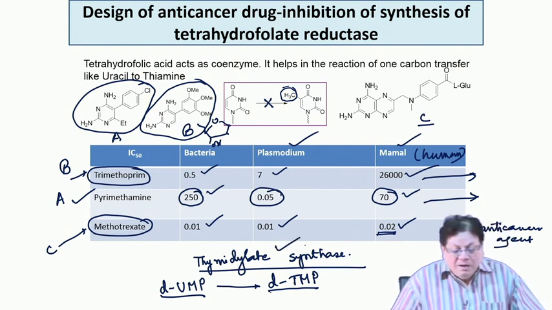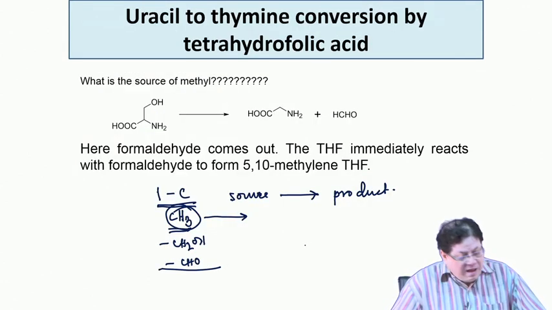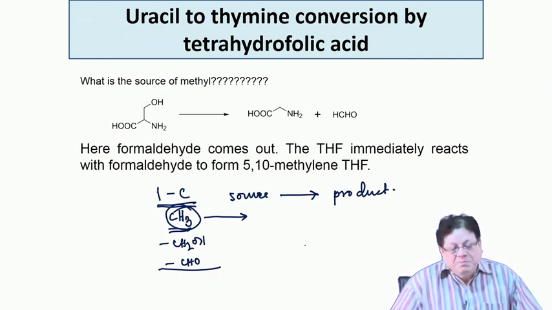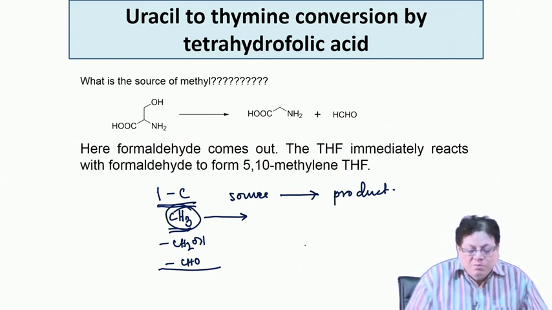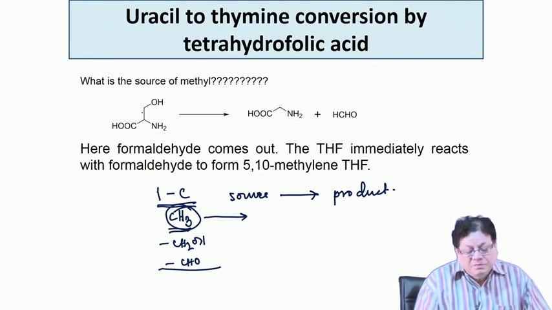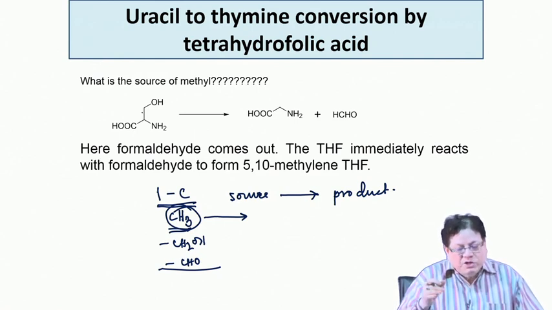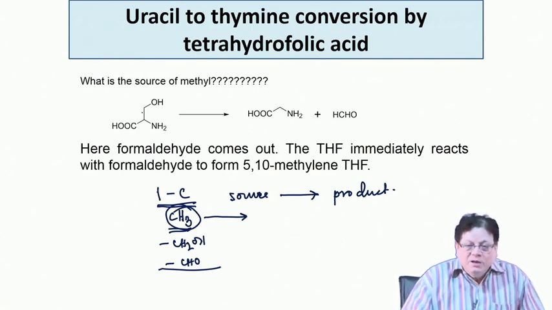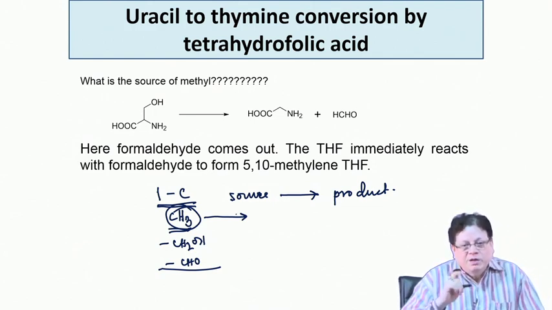Okay. Now, this is the enzyme which is prevented from acting properly, that means the methyl transfer does not take place. Now, how does this folic acid, how does this tetrahydrofolate, to be specific, do the transfer, what is the mechanism of this reaction. Okay. Before that we have to first figure out what is the source of this 1 carbon unit.